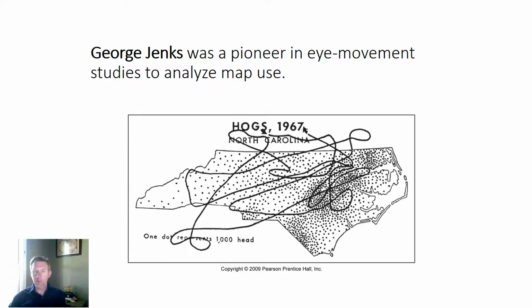One of the other pioneers in American research cartography is George Jenks. One of George Jenks's early contributions was the use of eye tracking studies to figure out what people are looking at. This is an example of a figure, a dot density map of hogs in North Carolina in 1967. And this line that you see here traces the pattern that people make when they visually scan.